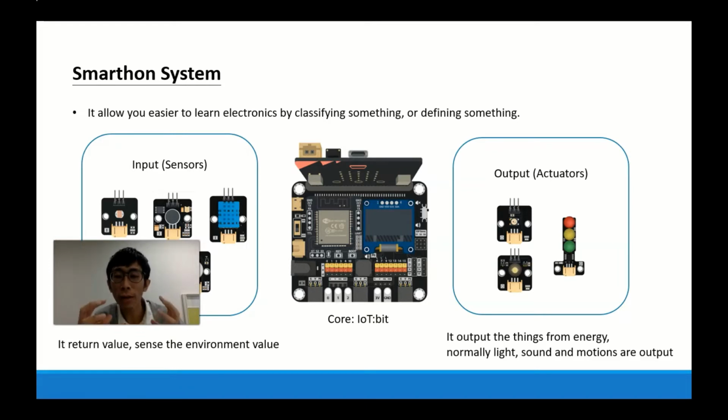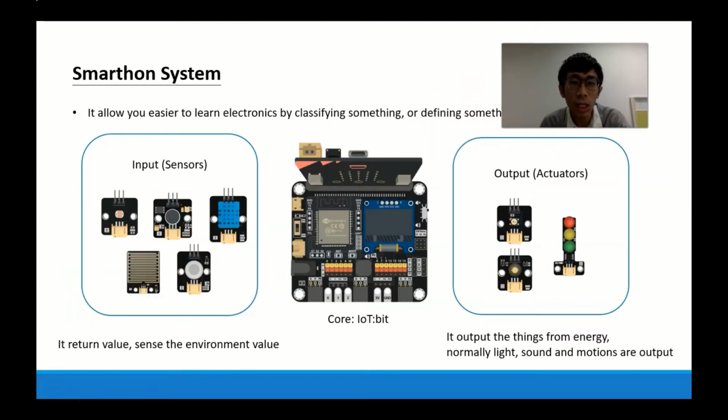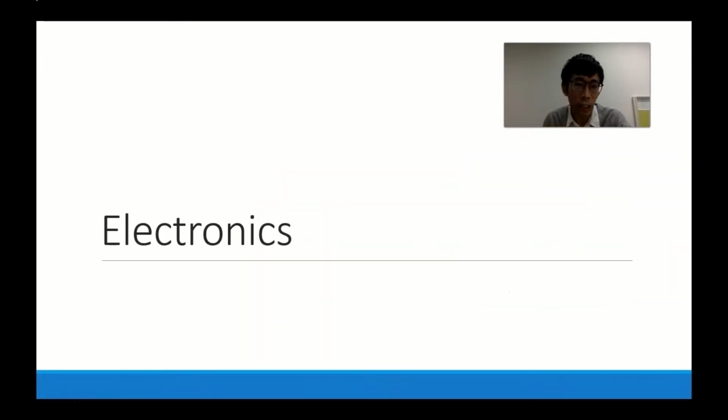We output from energy to light, to emit light, or to emit sound, or to turn a motion; all are outputs. So the Smarthon system makes it easy, and the core of it is the IoT bit. The input sensor returns a value, and the output actuators are light, sound, motion. So you know that there is some classification here.